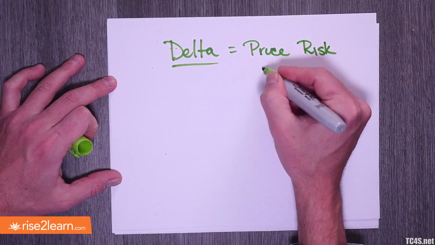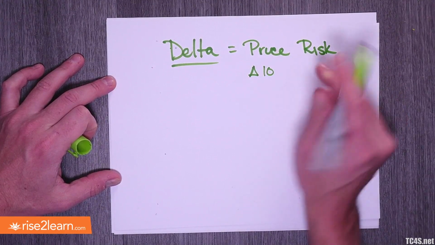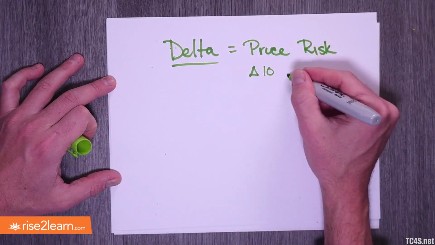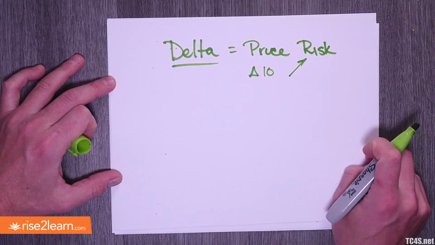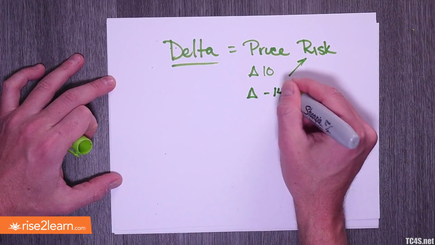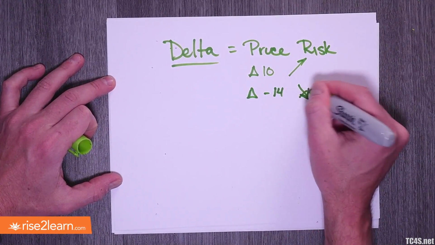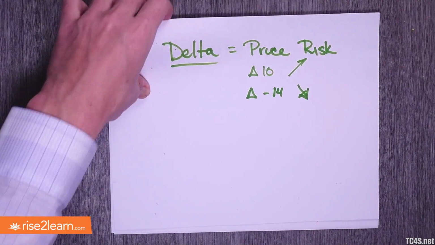In this case, if we have a delta of 10, that means just in price terms we need stock prices to go up to make money from the delta. If we have a delta of negative 14, then we need price to go down just to make money from the delta. So all of these are your worker bees.